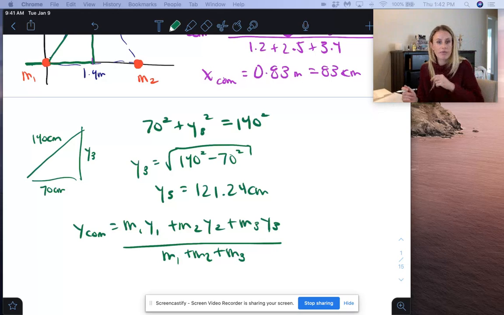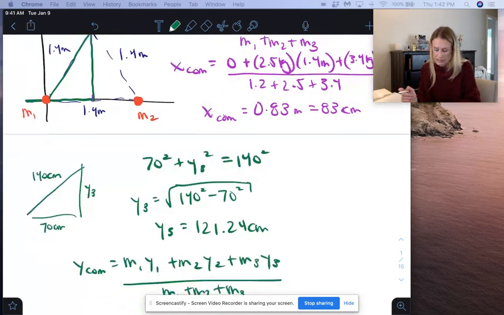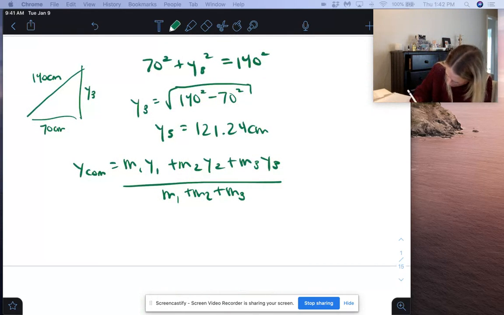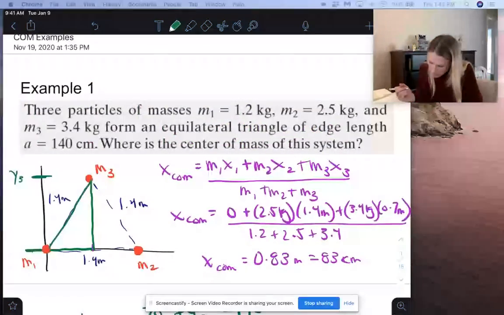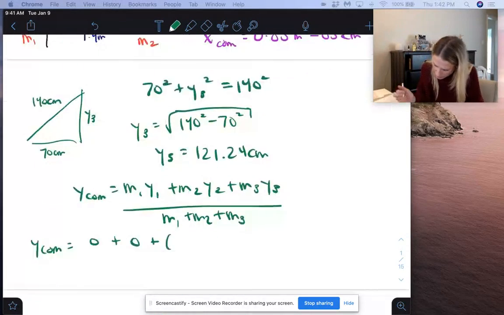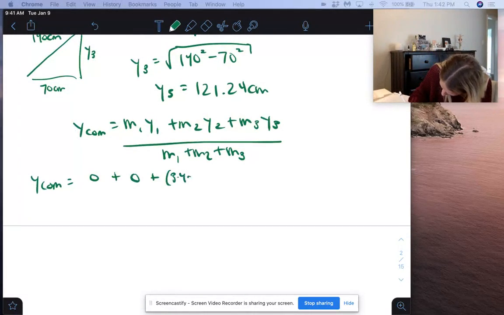Again, the y-coordinate of both mass 1 and mass 2 is 0, so both of those terms become 0. So we get y center of mass equals 0 plus mass 3, which was 3.4 kilograms, times the y-coordinate of 3. Let's do this in centimeters. Why not? We get 121.24 centimeters.